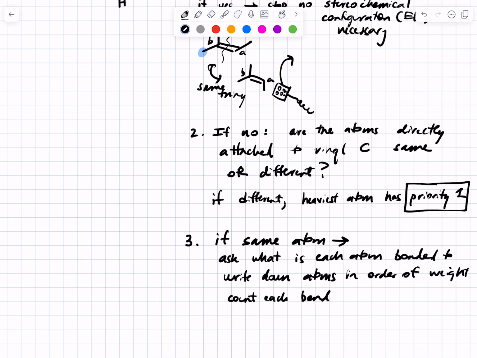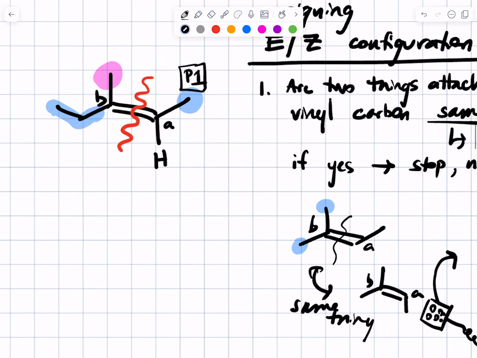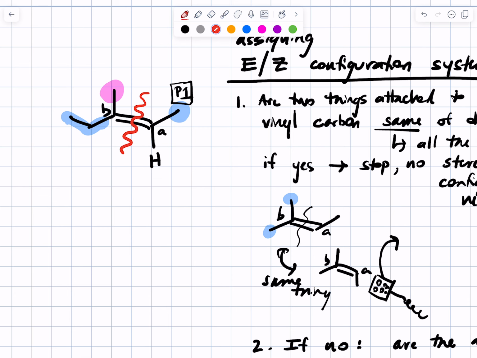So double bonds would count twice. Looking up here, the pink carbon attached to vinyl carbon B is bonded to one other carbon and then 3 hydrogens, whereas the blue carbon attached to vinyl carbon B is bonded to 2 carbons and 2 hydrogens. Do you see how I wrote that in descending order of size?